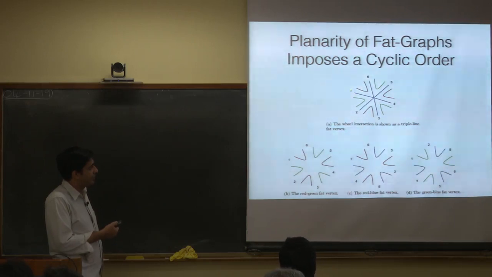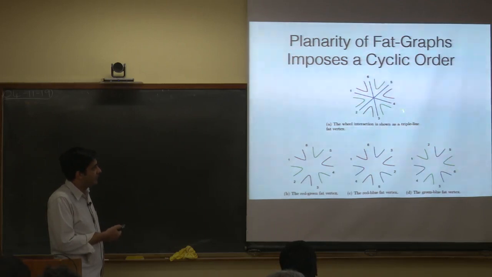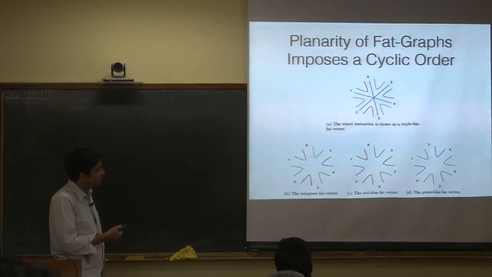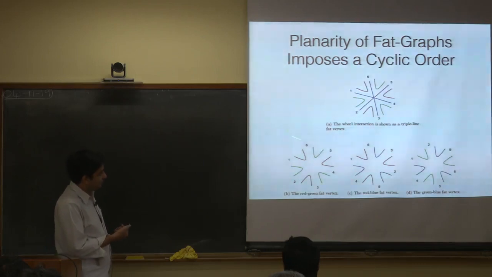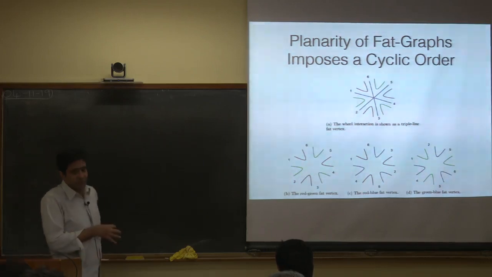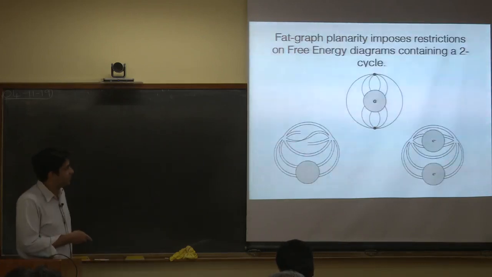But for the red-blue fat graph, it's 1 to 6, then 3, and 3 goes to 2, and then 5 and 4. And for the blue-green, it's 1, 2, and then 2 is connected to 5, and 5 is connected to 6. So the vertices have to be arranged in a given cyclic order depending on what fat graph you keep.